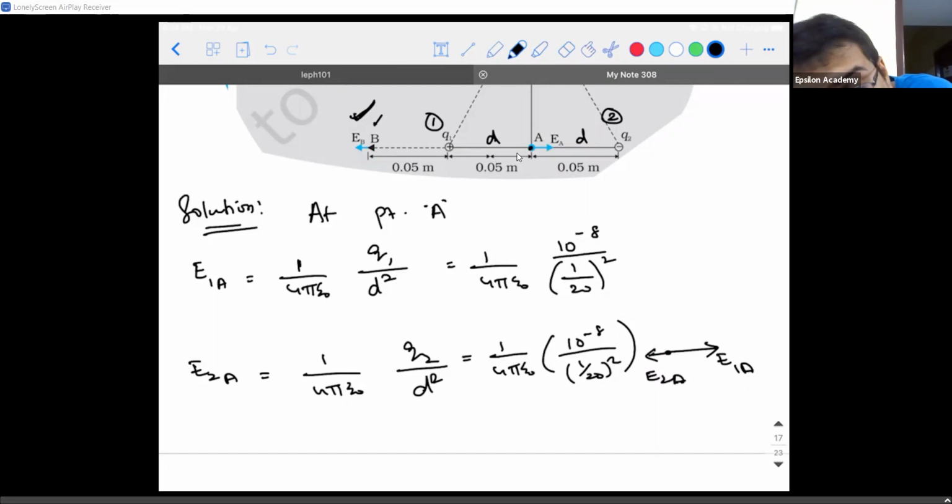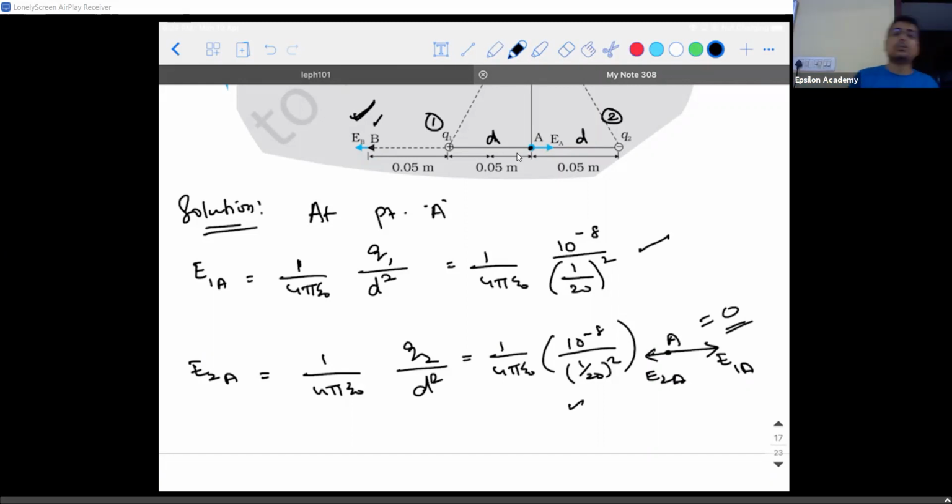So what is going to be the net electric field at point A? If you observe the magnitudes of E1A and E2A, they both are the same. So what is going to be the net electric field at point A?